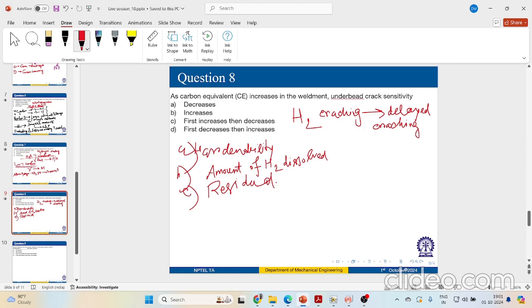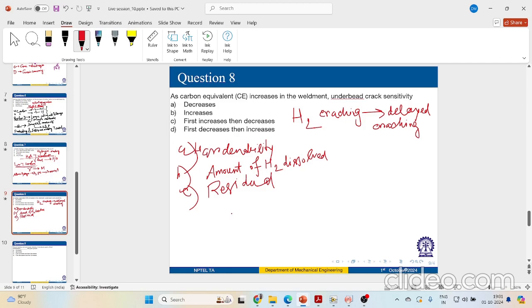Hardenability of steel will affect your critical cooling rate, right? So steel of high hardenability will promote the martensitic transformation. Therefore it has high hardness and brittleness. High hardness will increase the cracking tendency, as simple as that. Whereas if you have soft and ductile metal, that will reduce it. Now, the larger the amount of dissolved hydrogen, the faster will be the hydrogen induced cracking.